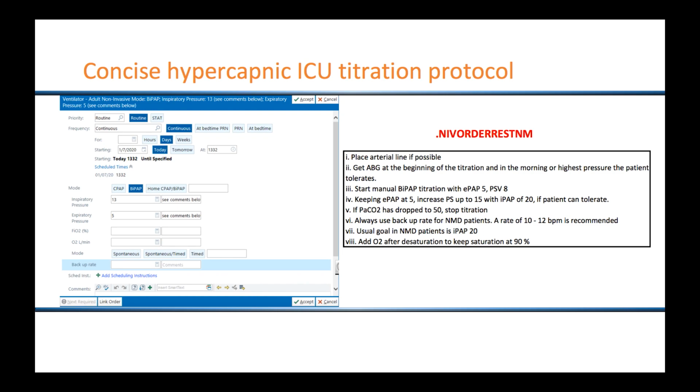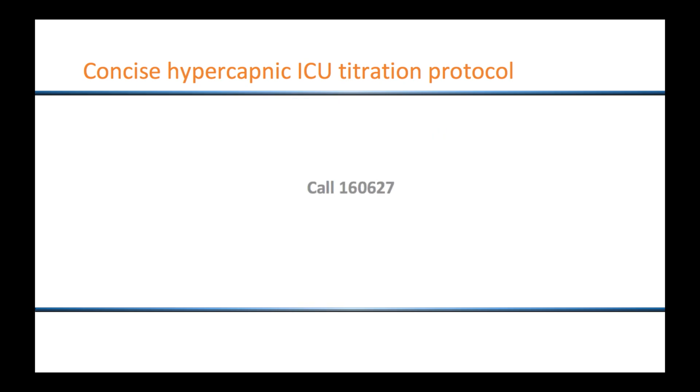You only add oxygen to keep the saturation greater than 90%. Always call the head RT after placing this order. Call 160627 and they will dispatch it to the appropriate RT.